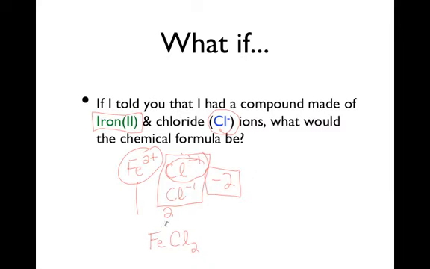So this is our first introduction to what a chemical formula is. This is basically saying 1 iron atom attached to 2 chlorine atoms. And the reason we know it's 2 chlorine atoms is because each chlorine has a charge of -1, and each iron has a charge of +2, because we said we're working with iron 2 over here, and so you need to have 2 chlorines to neutralize a single iron atom.